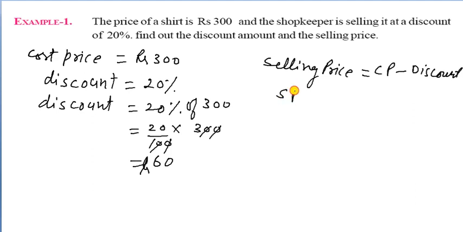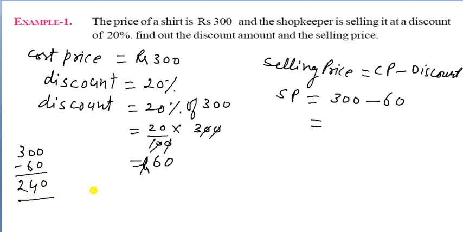In short, selling price is said to be SP. CP is given as rupees 300 and the discount is 60 rupees. After subtracting, 300 minus 60, we get 240 rupees.